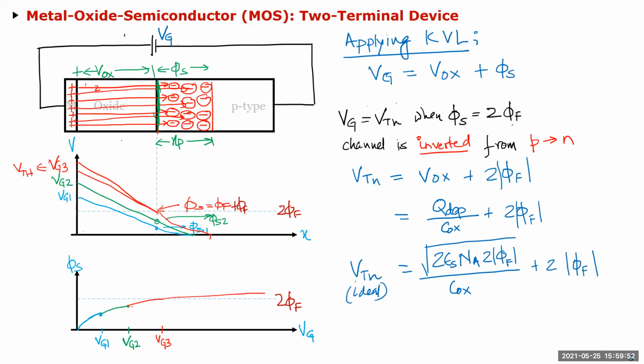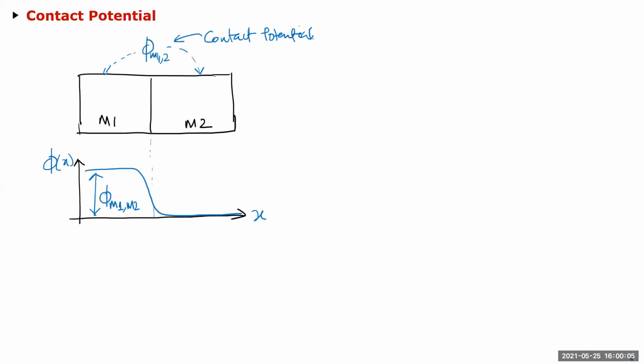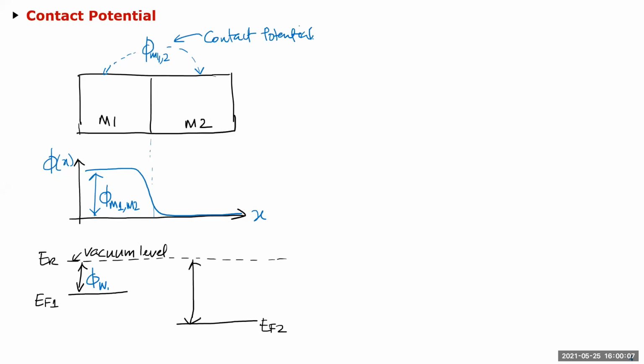All right, so this is, like I said, the VT ideal. So what are the other correction terms needed to get to the final answer? This is where the contact potential comes in. If you have two materials, then you get a contact potential between them. It's basically the potential at the contact point. You can't simply measure it, because once you put a voltmeter, the two ends automatically become metal.